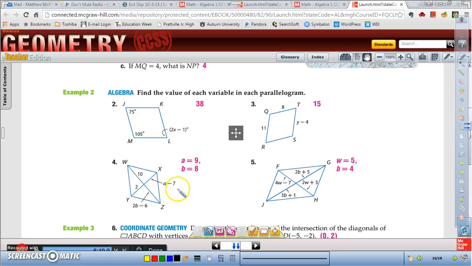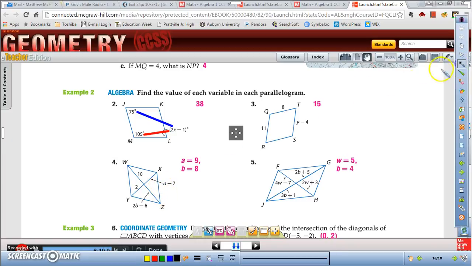So for number 2, you've got two options here. You can either use the fact that opposite angles are congruent, or you can use the fact that consecutive angles are supplementary.